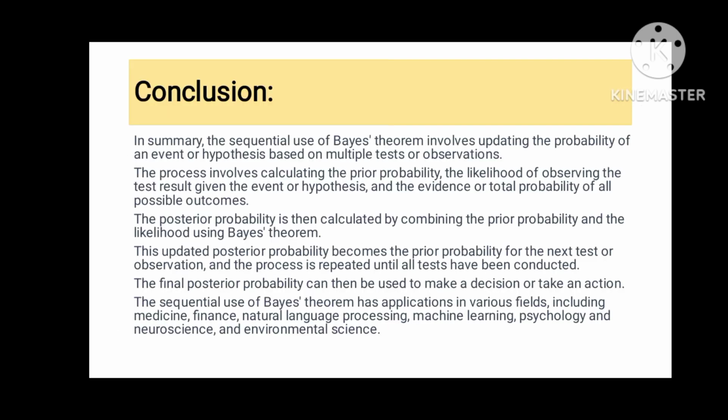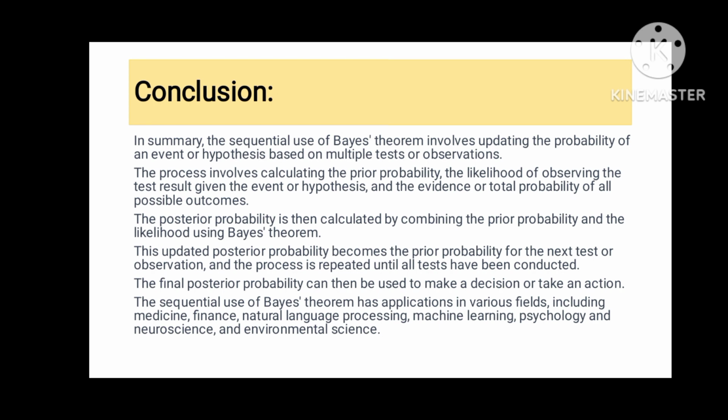So the conclusion is that we use the sequential use of Bayes theorem to update the probability of an event or hypothesis based on multiple tests. The process involves calculating the prior probability, and the likelihood of observing the test result given the event or hypothesis, and the evidence, or total probability of all possible outcomes.